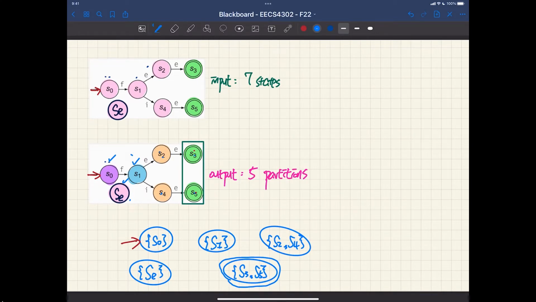And how do we draw transitions? Well, just follow that. For example, let's say over here, S0 taking F is going to S1. So that one's easy.